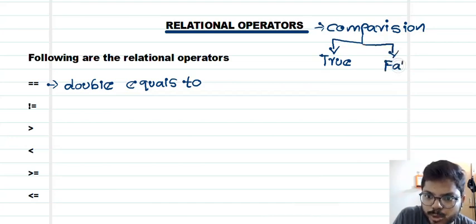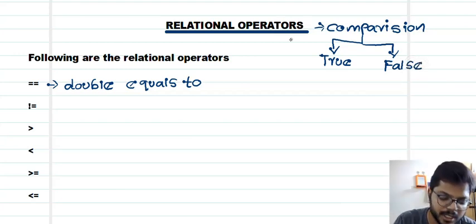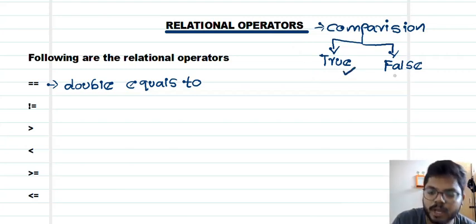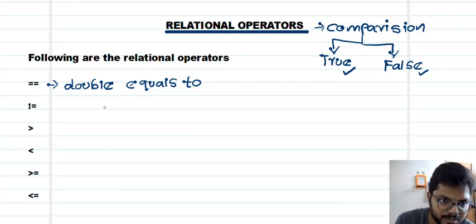These are the only two values that we can expect from this operation. When the given condition is true, we will get true. When the given condition is false, we will get false. So when our condition satisfies the double equals to, the result will be true. Otherwise, it will be false.